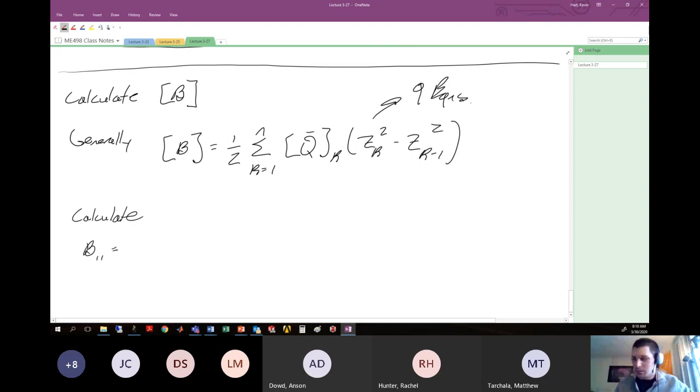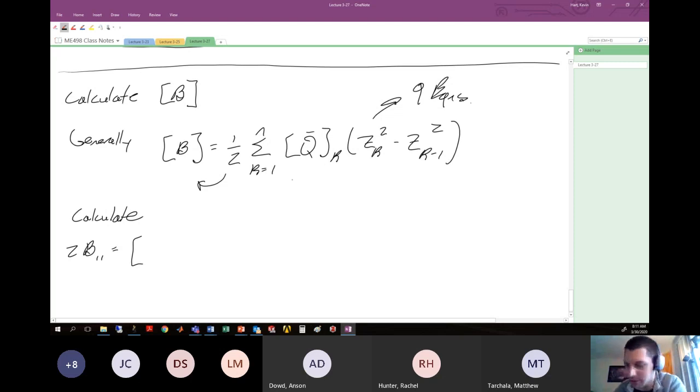All right, so I'm going to pull the 1/2 over here and make this a 2B11. Here 2B11 is going to be, again looking at the summation, we'll start with layer number 1, then add layer number 2, add layer number 3, add layer number 4, since we have a 4-layer laminate.